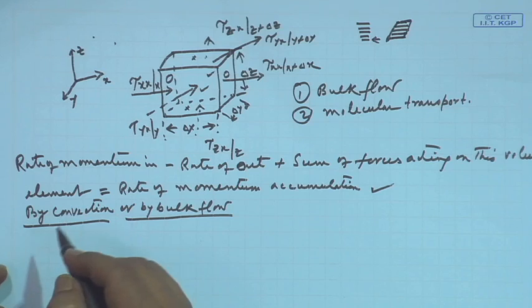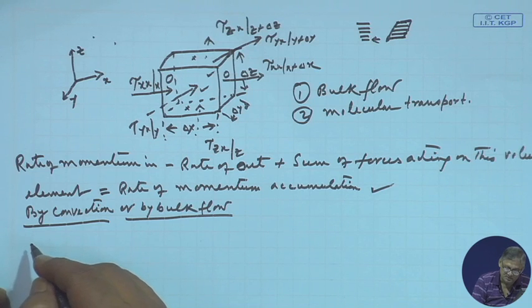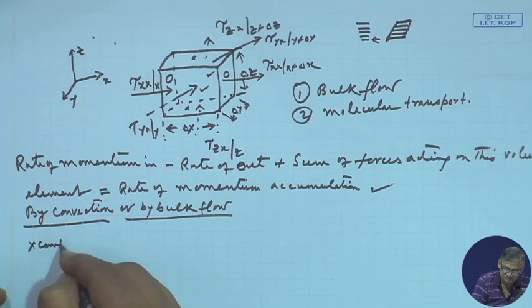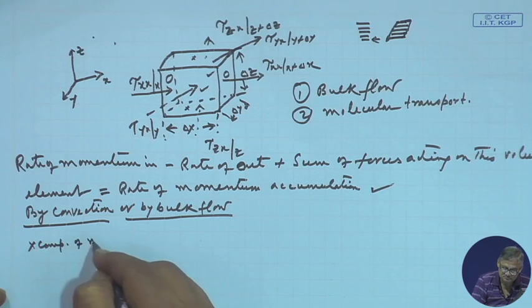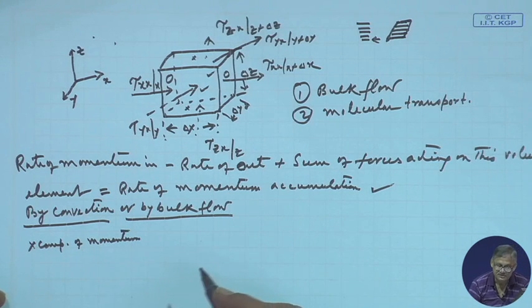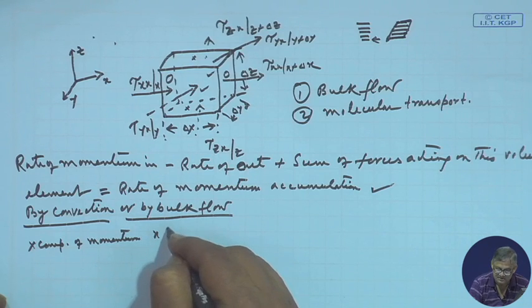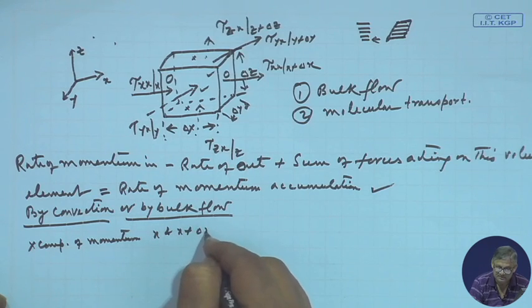So, then what we can write is the rate of x component of momentum which is acting on the faces x and x plus delta x, right.